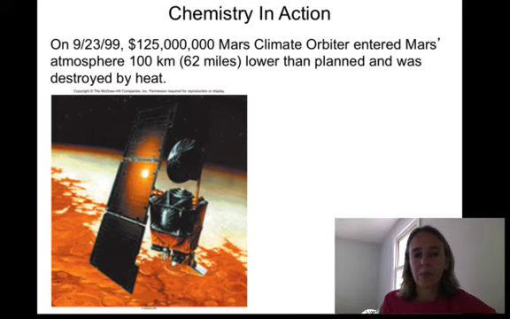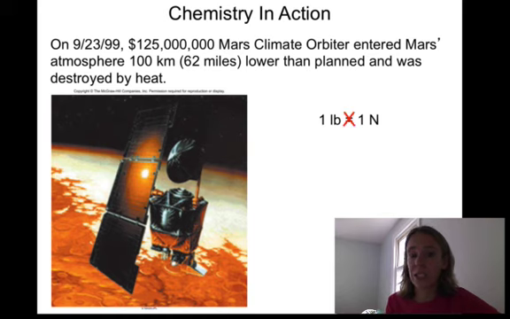So one quick story before we move on, and this was in your textbook as well. In 1999, and I actually remember when this happened, you guys probably don't because you were quite young, there was a satellite, the Mars Climate Orbiter, that was planning on landing on Mars, and it didn't. It completely miscalculated, and when NASA did a fact-finding mission to figure out what was going on, it turned out that one of the scientists at NASA, you'd think that these rocket scientists would know this type of thing, had an incorrect metric conversion.